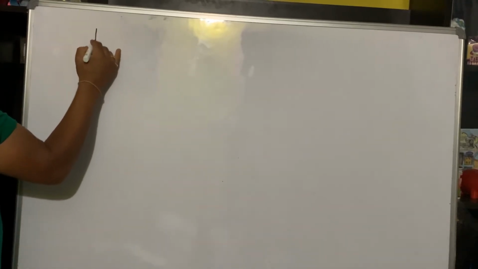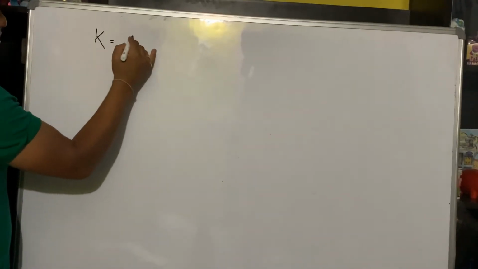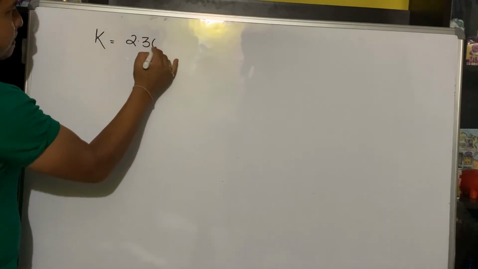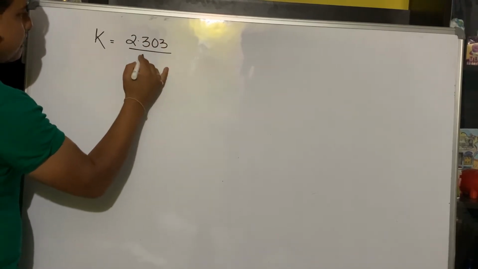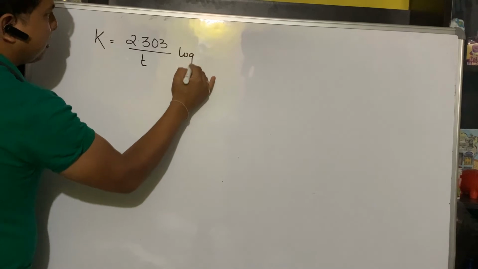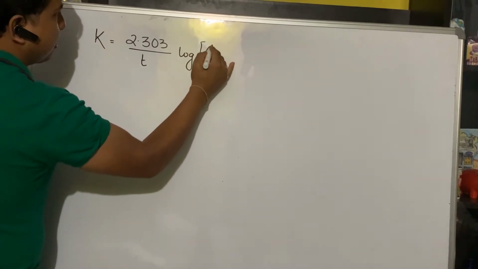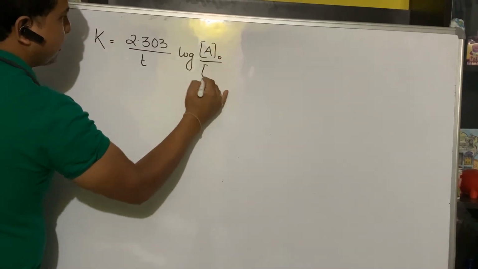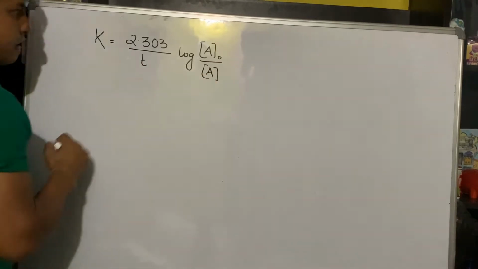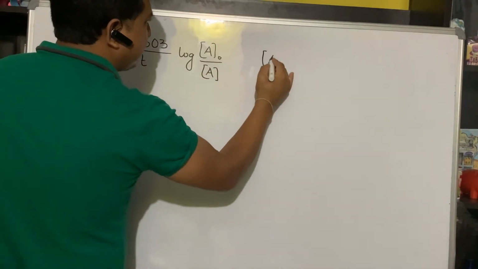So what was the integrated rate expression for a first order reaction? Yes, the equation was K equals 2.303 by T log A naught by A. Once more, what was A naught?